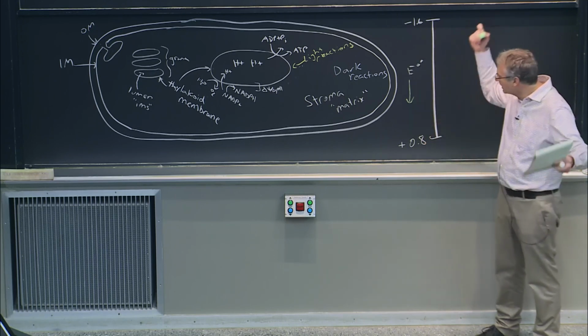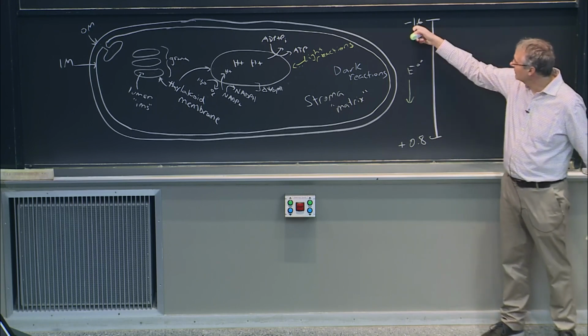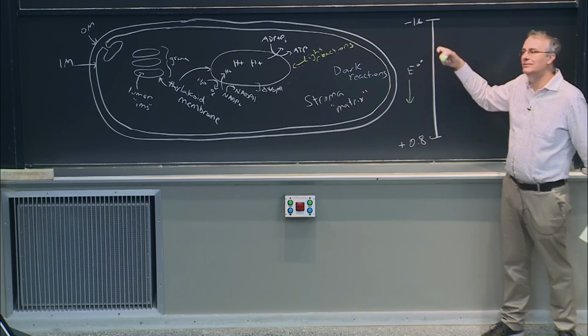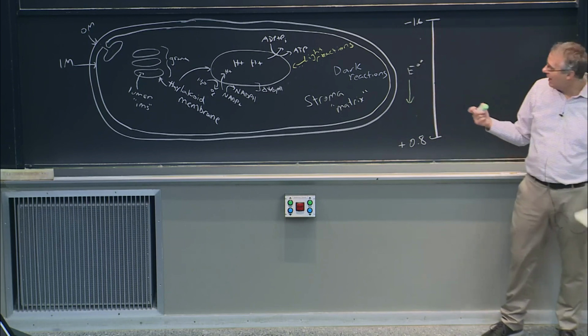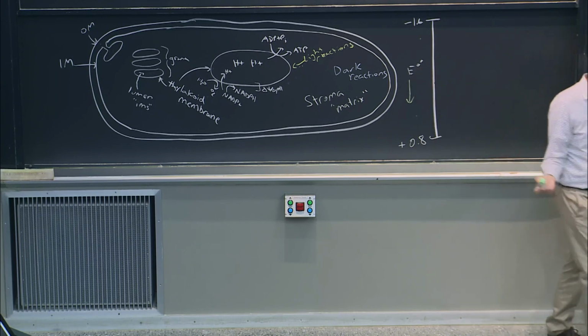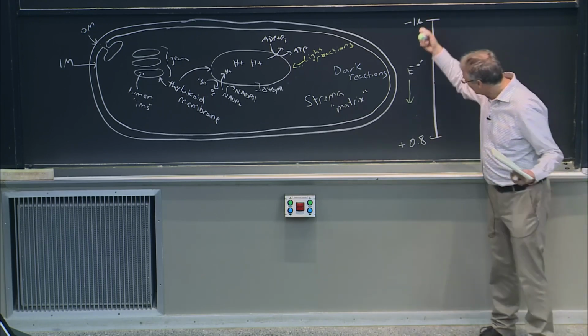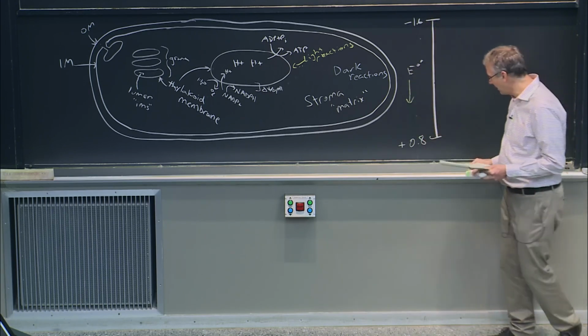I realize I drew it upside down from the way you're probably used to looking at this, but basically if you go from a more negative to a positive number, or a more negative to a less negative, or a positive to a more positive, a change in this direction, which is a positive change in standard reduction potential, is going to end up having a negative change in delta G naught prime. And so that means equilibrium is going to favor electron transport moving down in this direction.